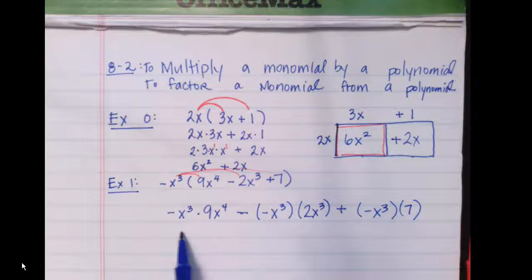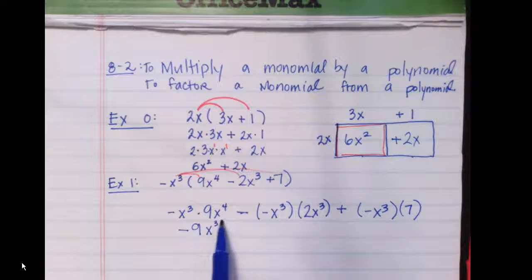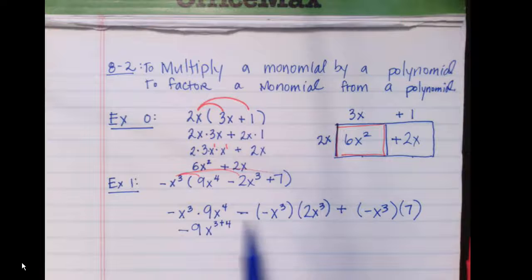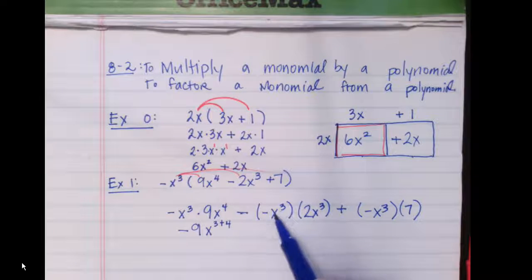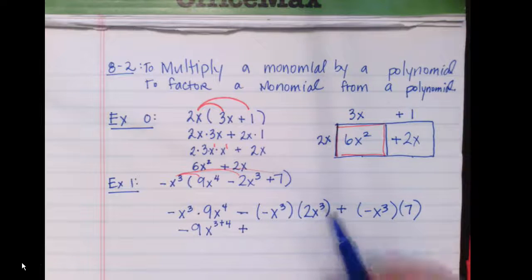So those are my multiplication problems for distributing this out. Negative times a positive is negative 9x, and then I've got a 3 plus 4, so I'm just going to write that out this time. And then negative x cubed times 2x cubed is going to be a negative times a negative is going to give me a positive.